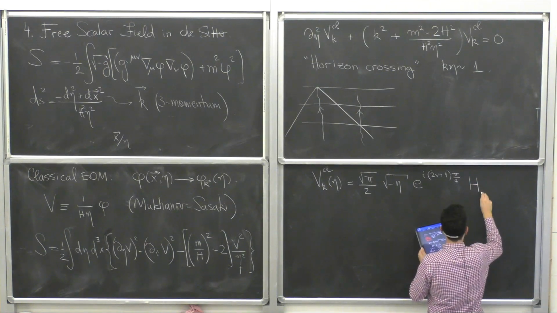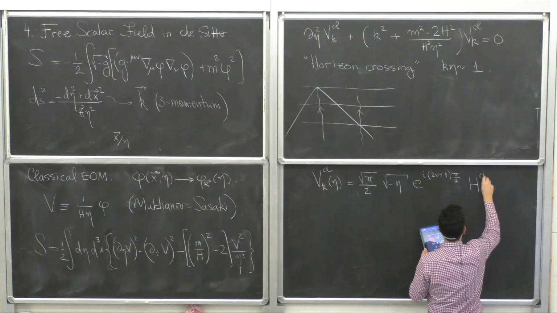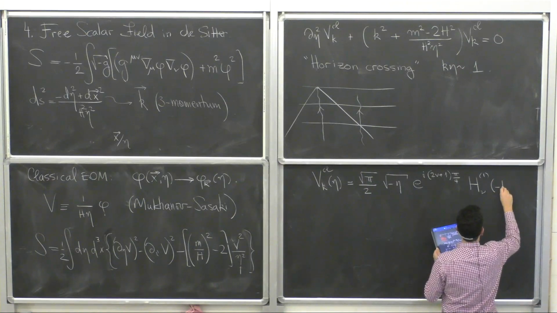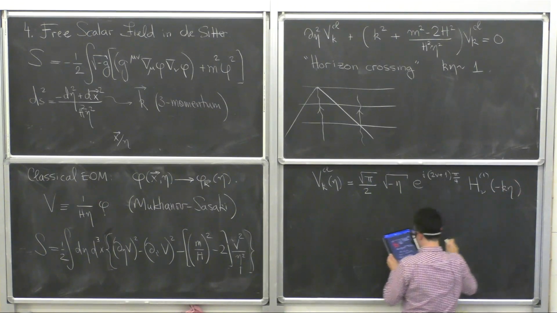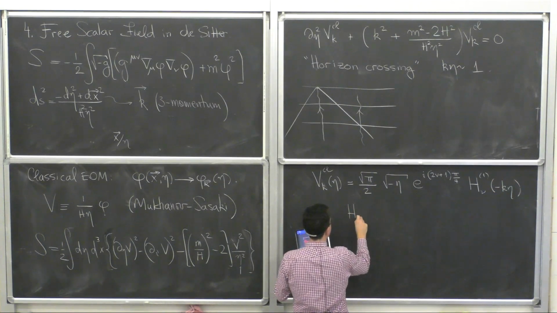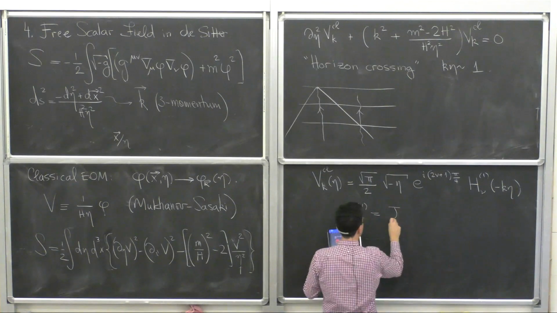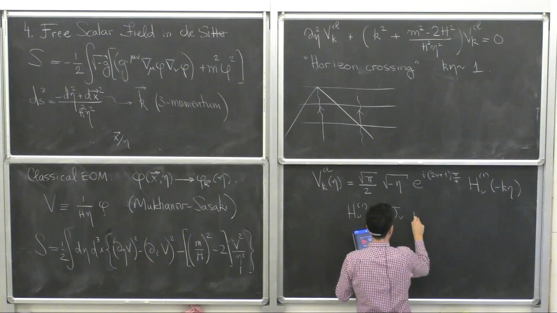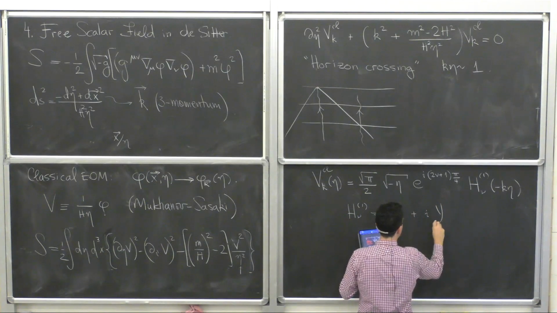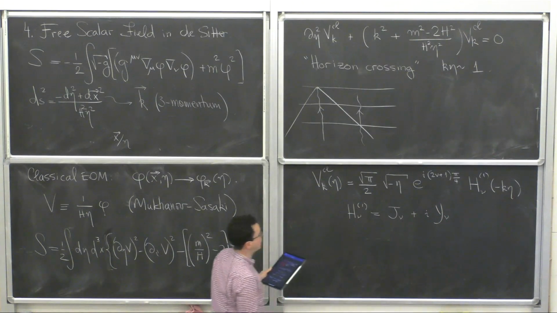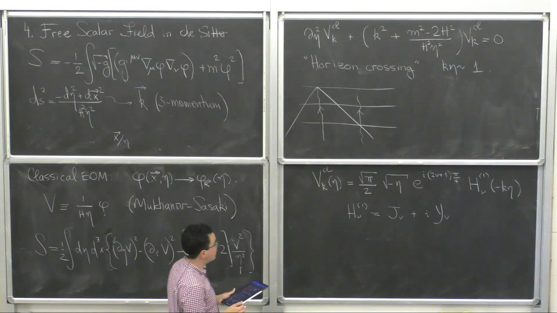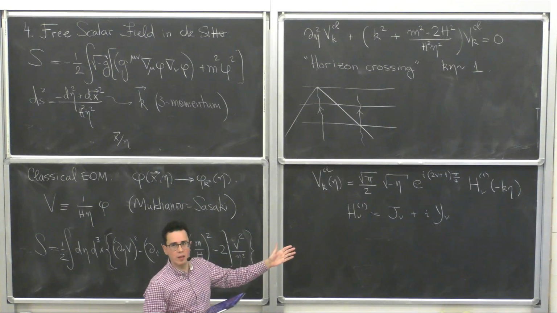This is called a Hankel function of the first kind. And the Hankel function of the first kind is defined to be the Bessel function, the standard Bessel function, plus i times the modified Bessel function. Of course, you see nothing from this form.